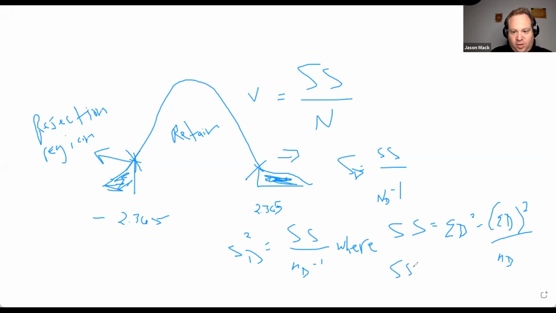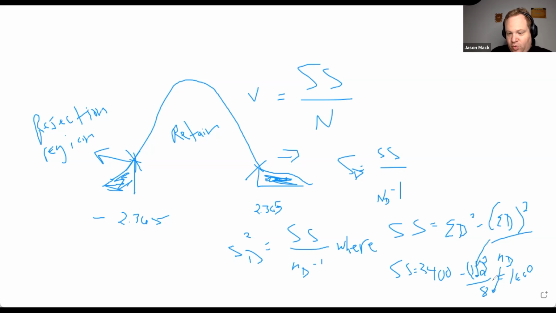Therefore, the sum of the squares is equal to 3,400 minus 120 squared over 8, which is equal to 1,600.